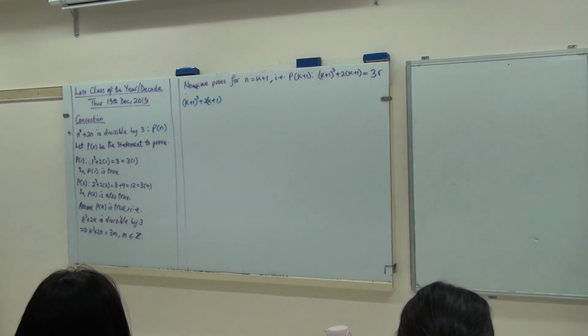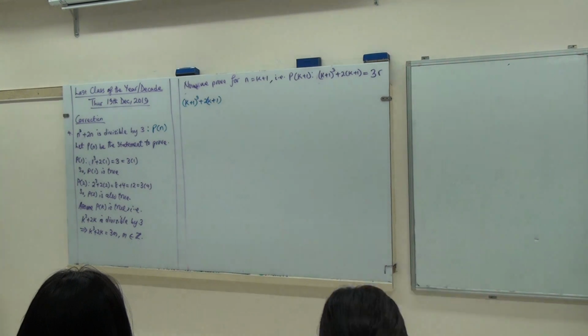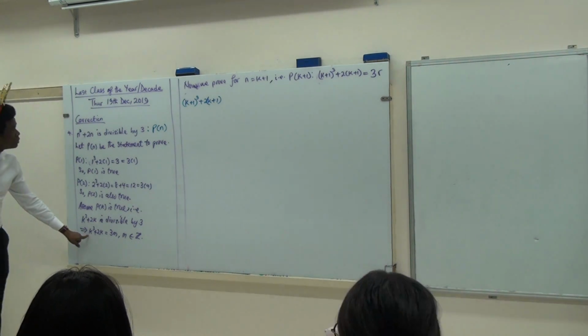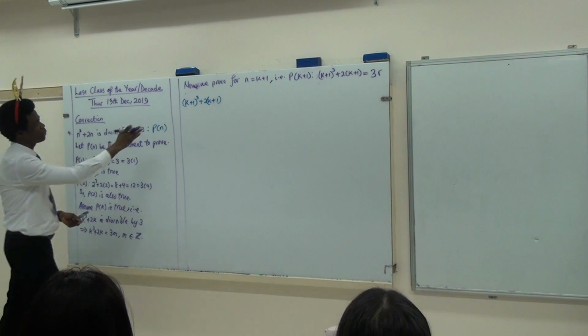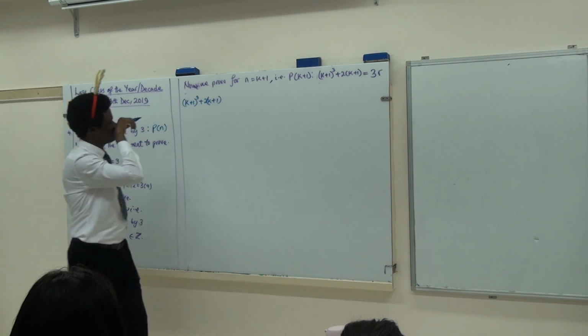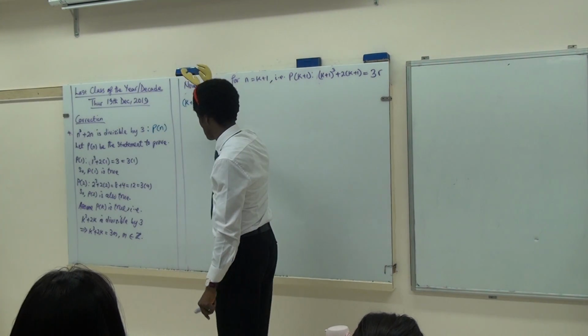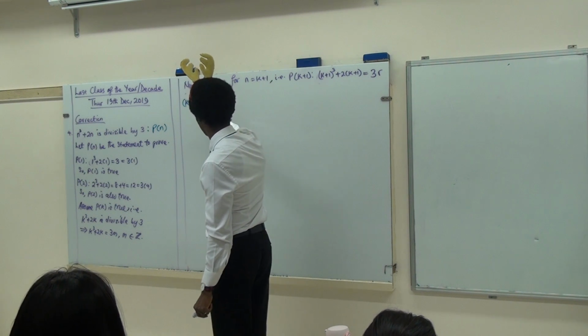Okay, so what can we do? We want to make sure this is divisible by 3. So this is k cubed, this is 2k and some 3. Maybe we can open this bracket and see. But at the end of the day, I'm looking at it this way. Actually, this is 2k.